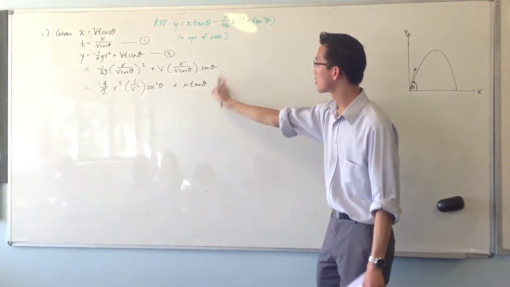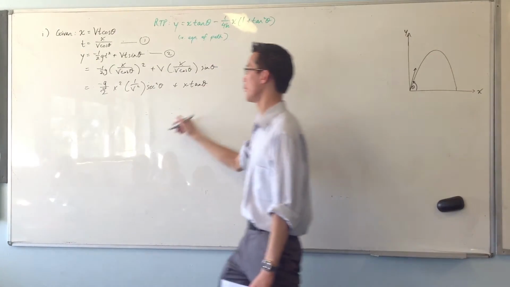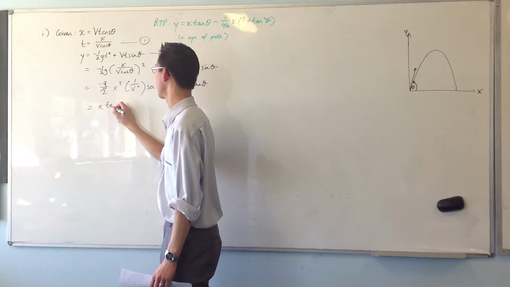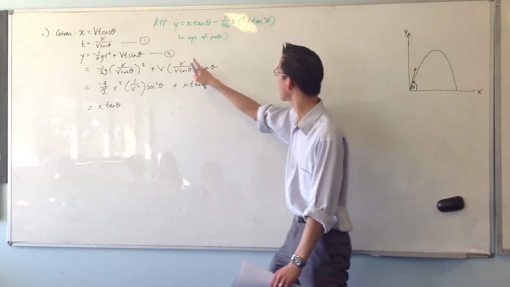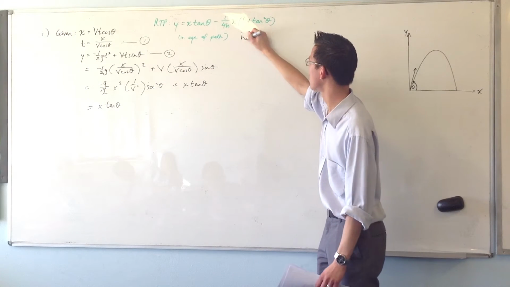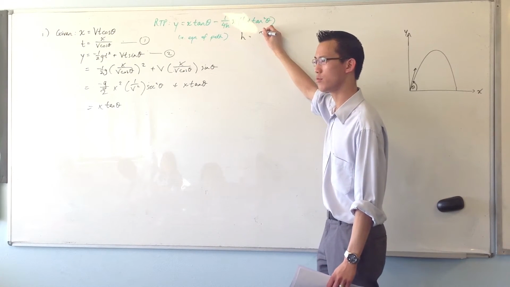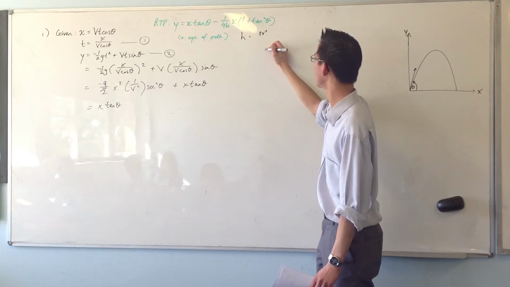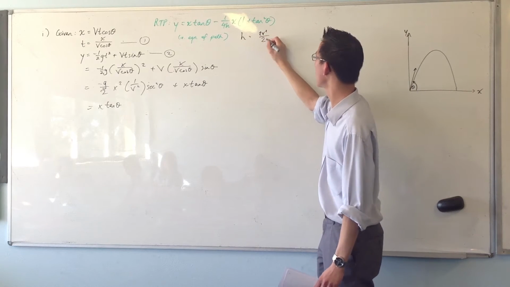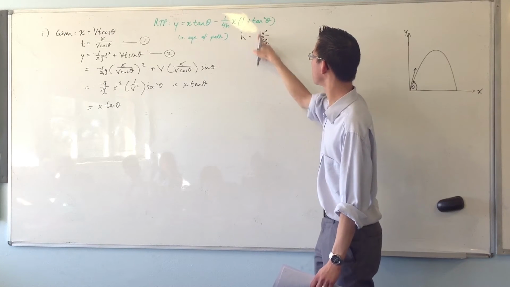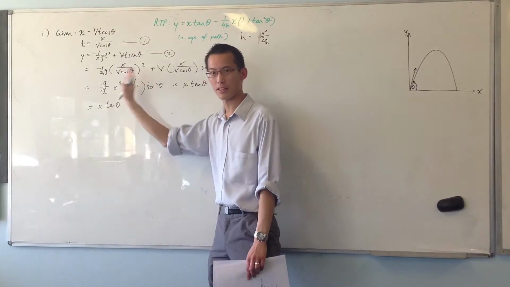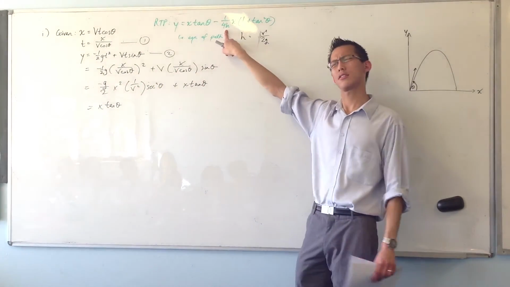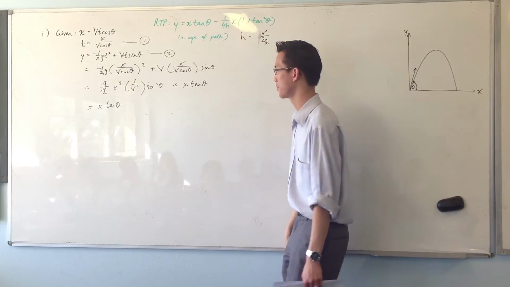I'll stick that out the front because it's in the front in what they want us to produce. And I want to start to rearrange this because I want to get it towards that, where h is, what is it? It's like 2v squared, no, hold on. v squared on 2g, right? Yeah, sorry, that's right. So if I want to get towards that, I want to have that nice and clear out the front. And I have to have it upside down. It's just slightly awkward, but it'll be useful later, okay?